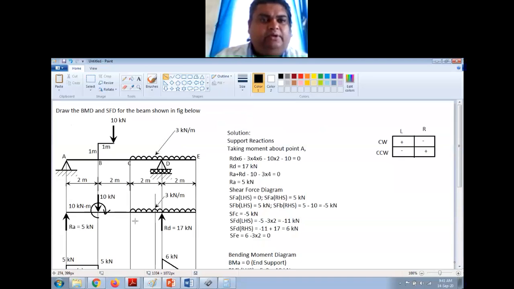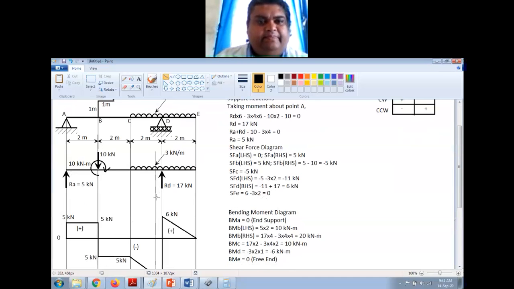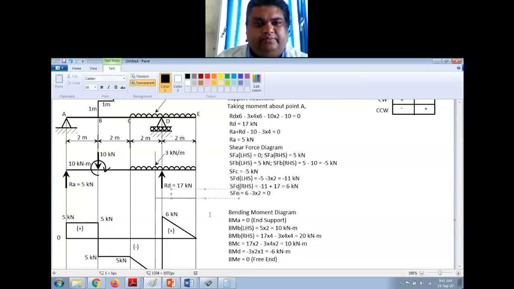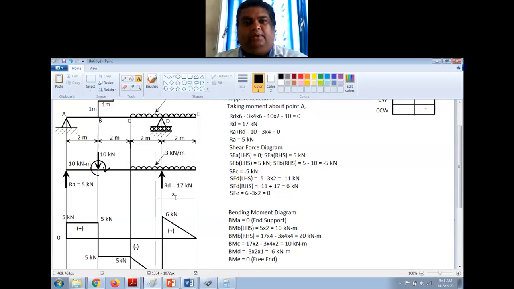Right? I'll call this length as X. This length is X, and the bending moment at this point is 0.